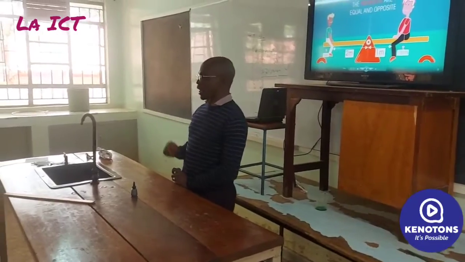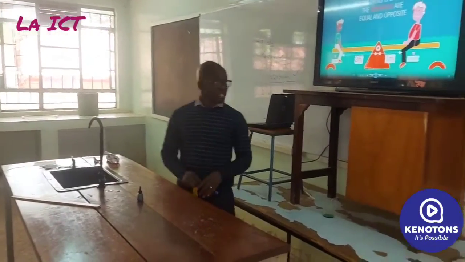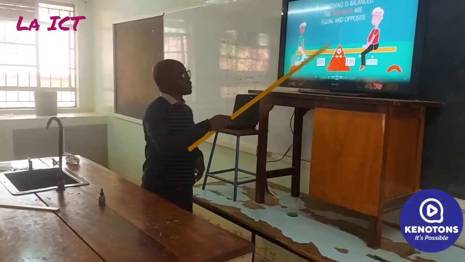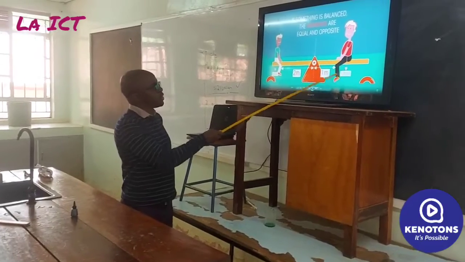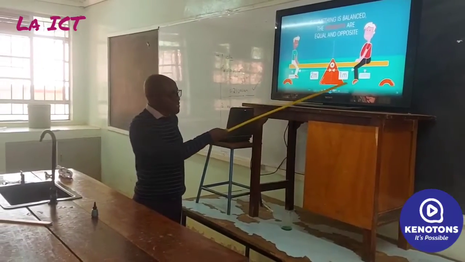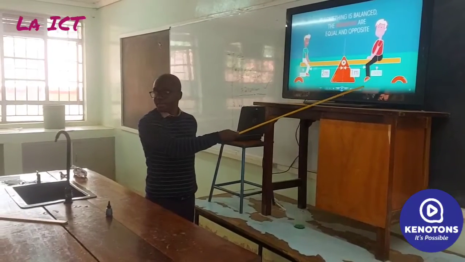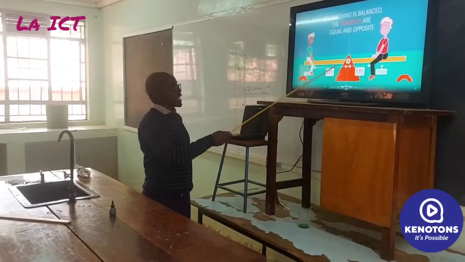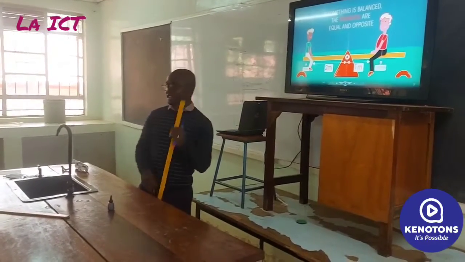We have two of them. One is the amount of force. For it to remain in a state of balance, the force here is 1,000 Newton, but this side is 500 Newton. The distance decreases while the force increases. This side, the distance increases while the force decreases.